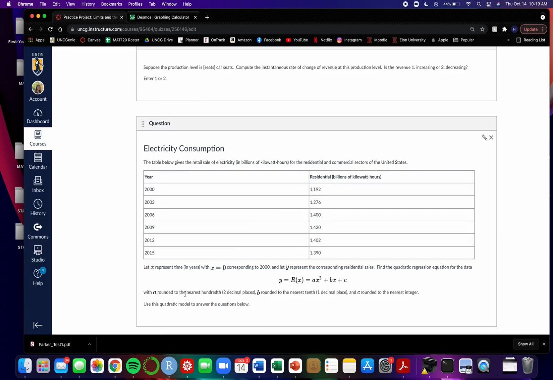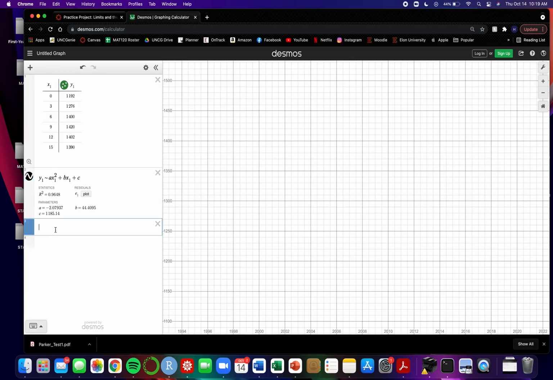All right, and for this question, we have to be careful with how we round our coefficients. So a is rounded to the nearest hundredth, b is rounded to the nearest tenth, and c is rounded to the nearest integer. So our model, once rounded, should be y equals, a is to the nearest hundredth, so minus 2.08 x, and then our b is to the nearest tenth, right?